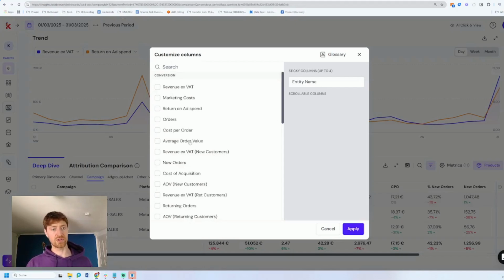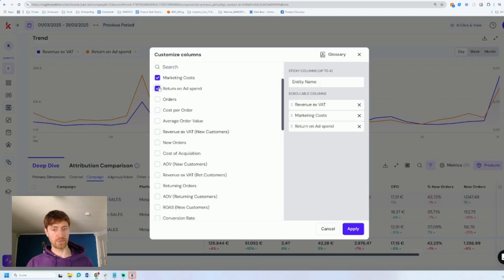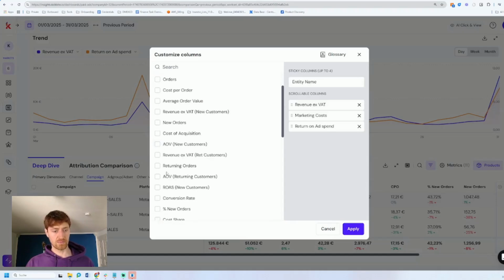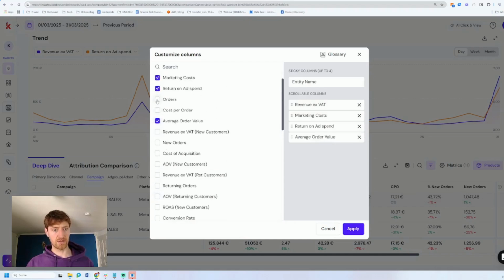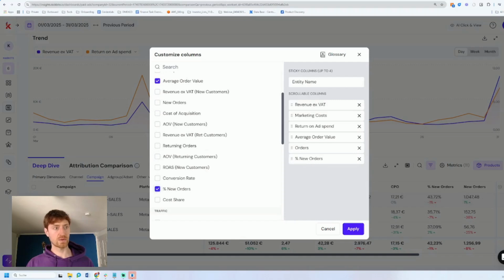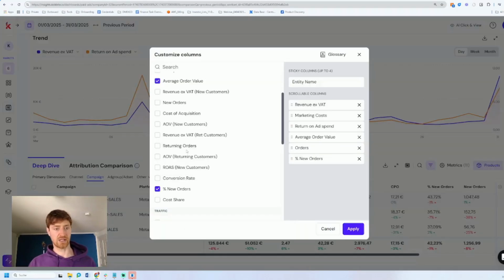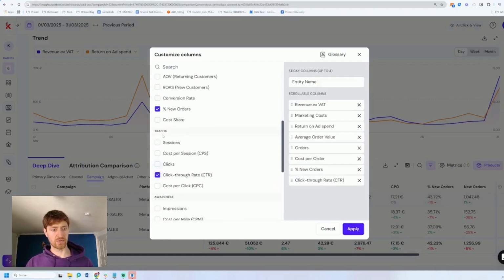We have revenue ex VAT, marketing costs, ROAS, AOV, orders, the new share of customers, and we have the cost per order, click-through rate, conversion rate, and sessions.